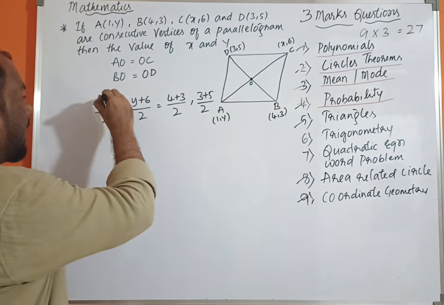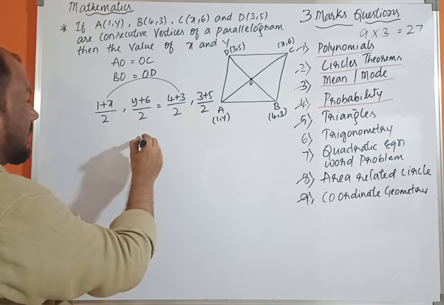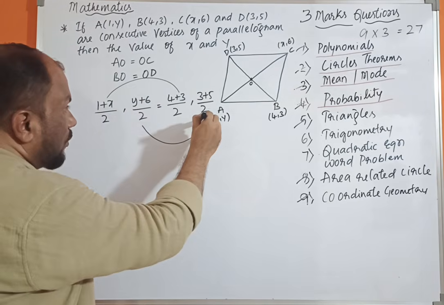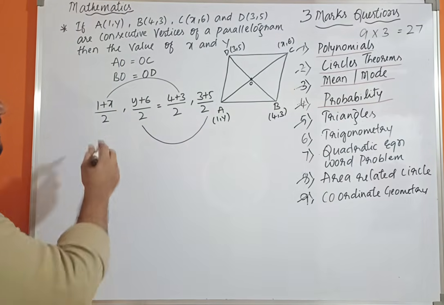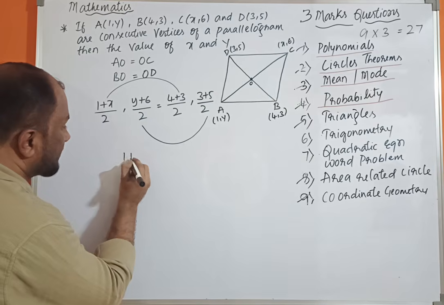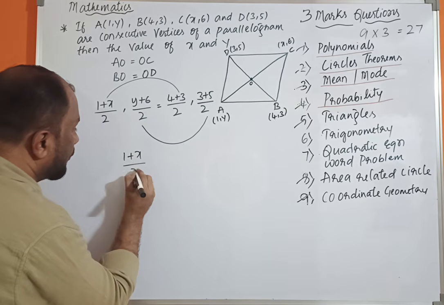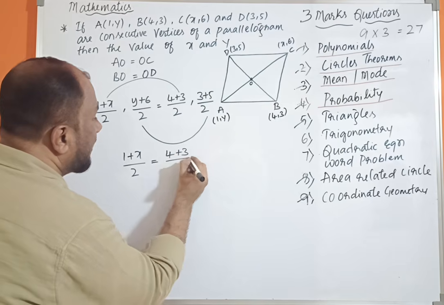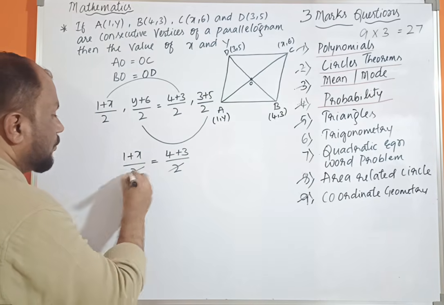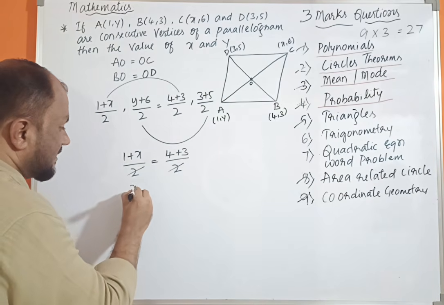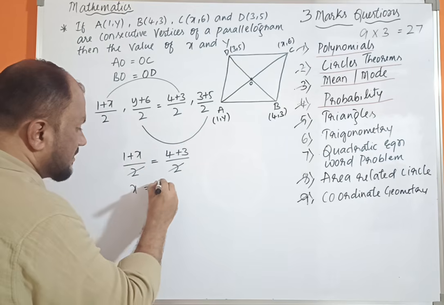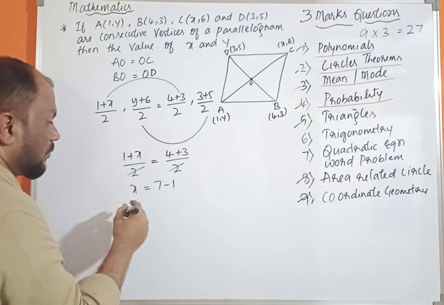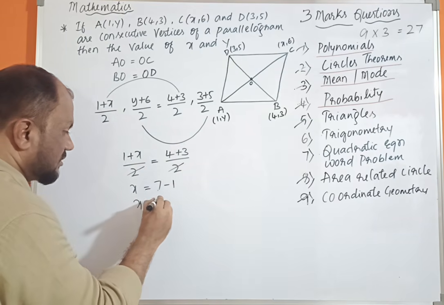This x part is equal to the x part, and this y part is equal to the y part. Now let us equate 1 plus x by 2 is equal to 4 plus 3 divided by 2. So 2 gets cancelled. x equal to 7 minus 1, transpose 1. x value is how much? 6.